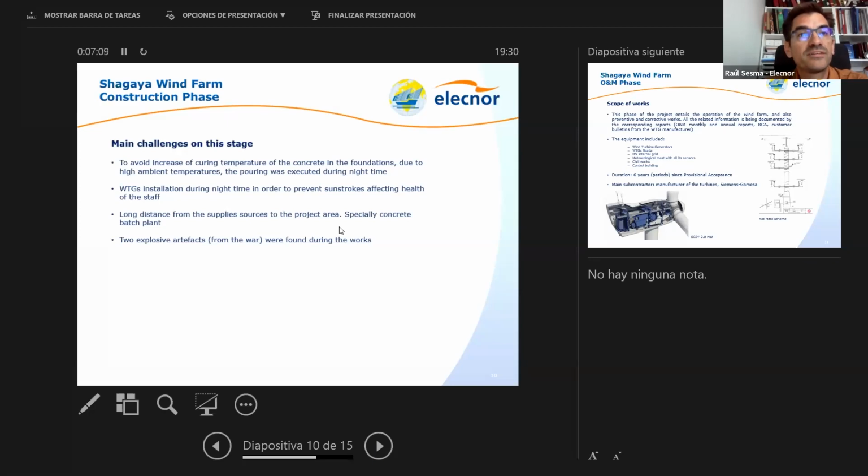the scope most affected was the pouring of the concrete in the foundations, due to the big amount of concrete, around 420 cubic meters per foundation. It has a rising pouring temperature because of the chemical reaction of the concrete.